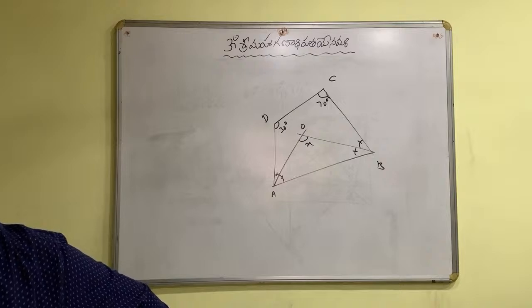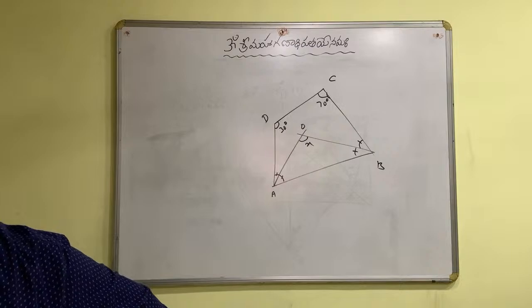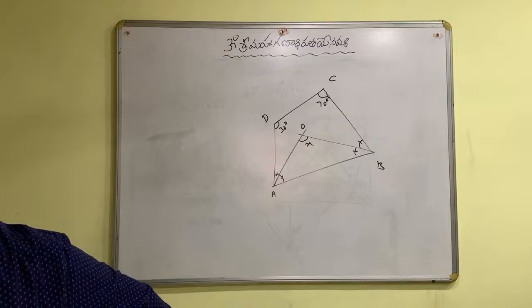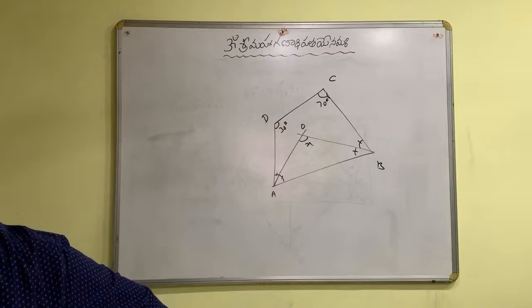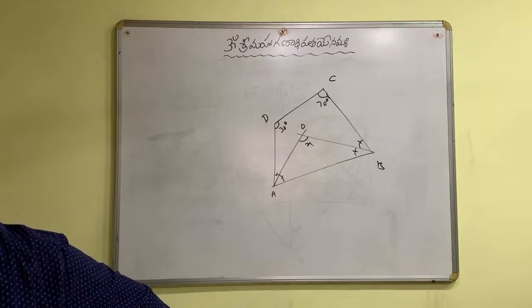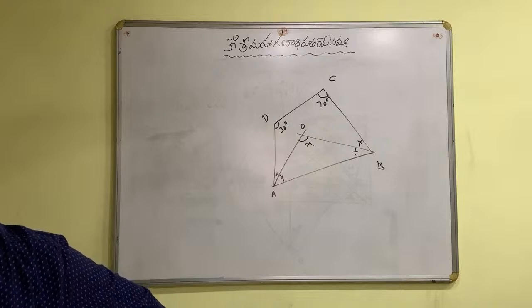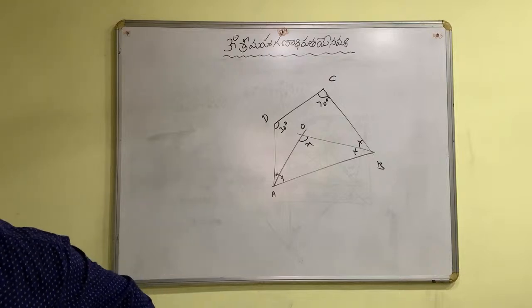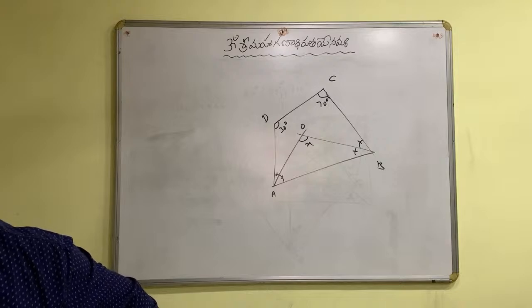OA is bisector of angle A, OB is bisector of angle B. Both are intersecting at O.